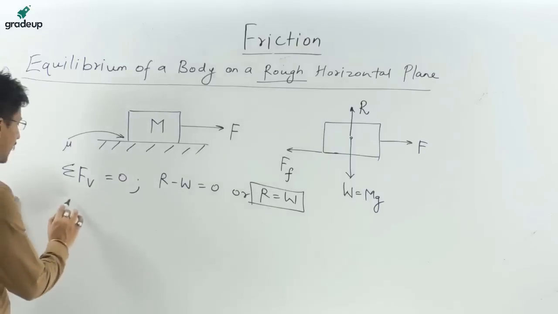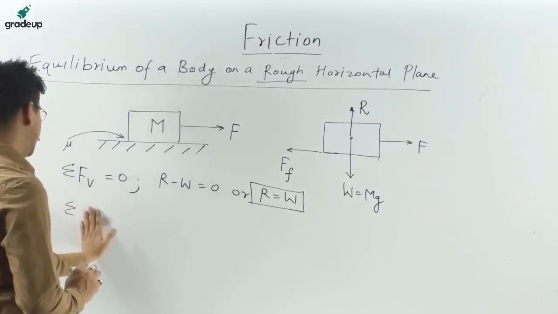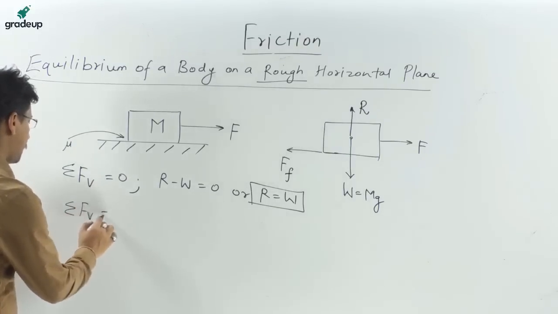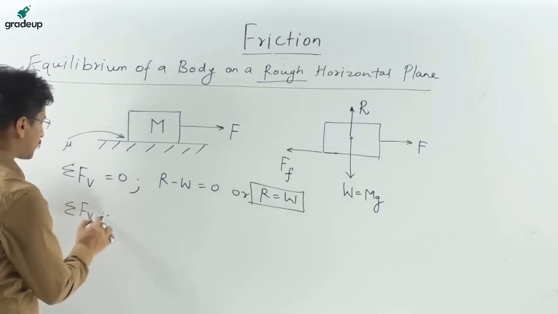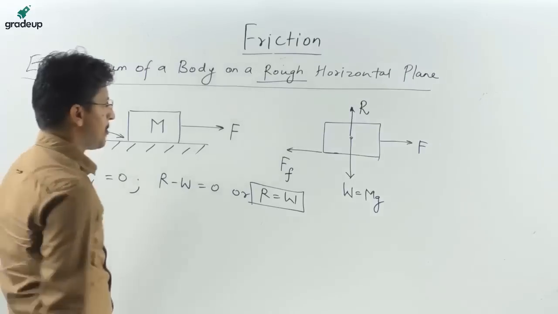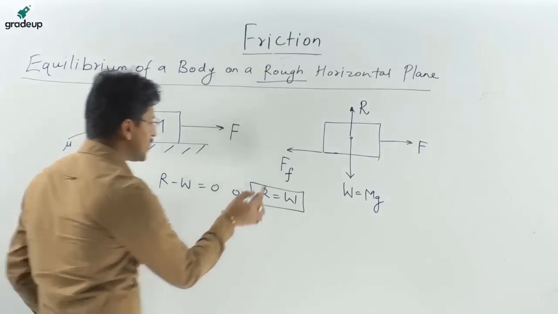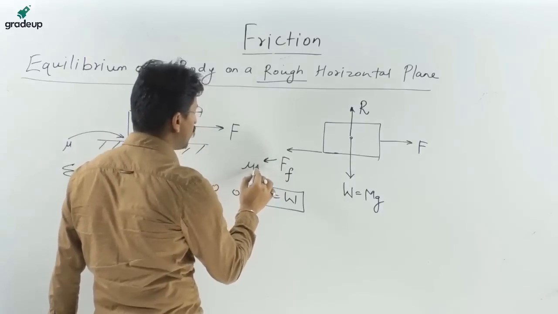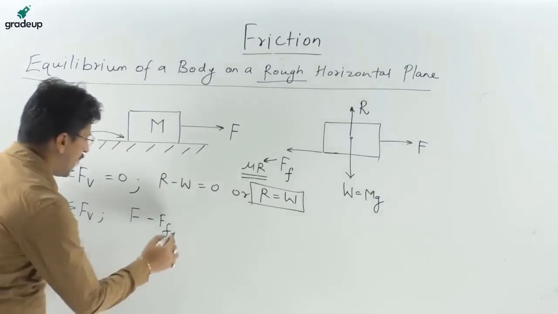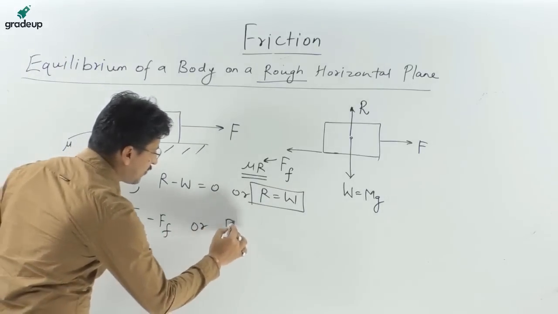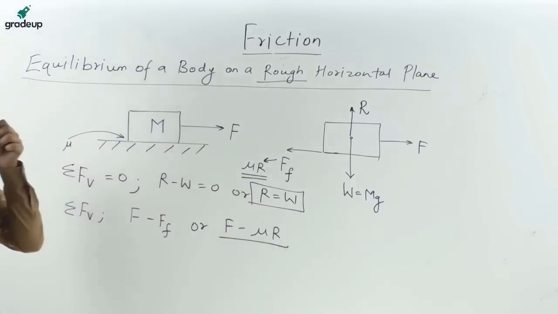Then in the horizontal direction, if we find out the forces, F minus F_f. This F_f will be equal to mu into the normal reaction R. So F minus F_f, or F minus mu R, this will be the force.